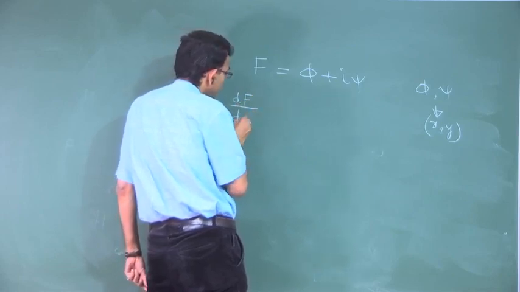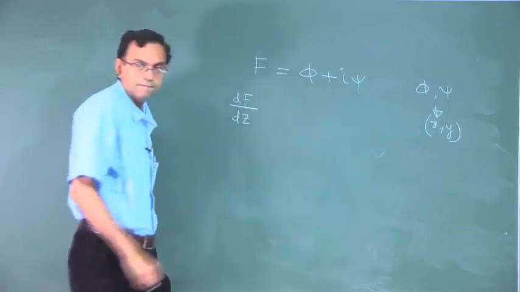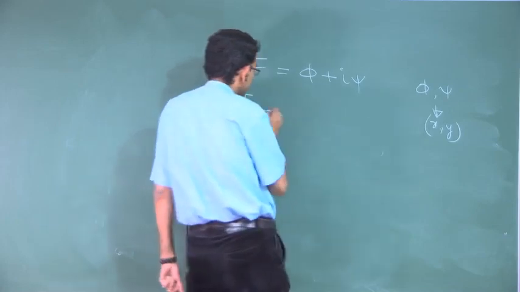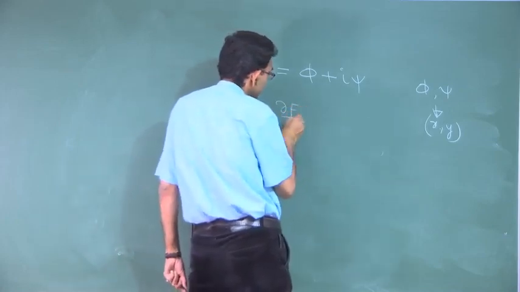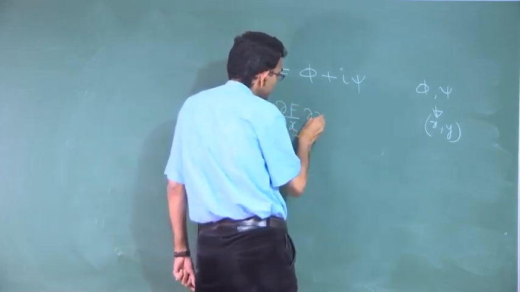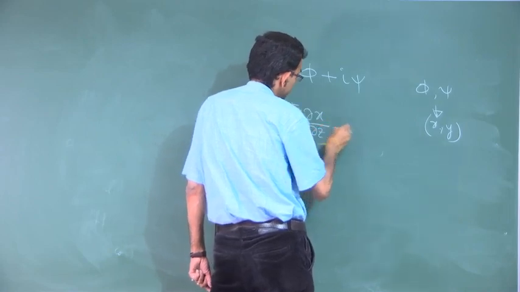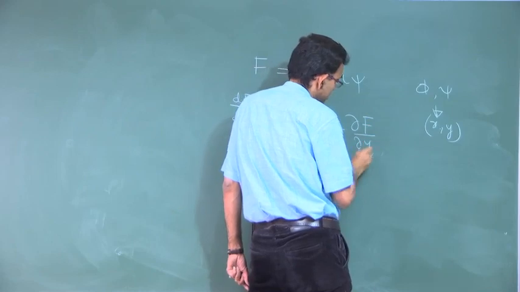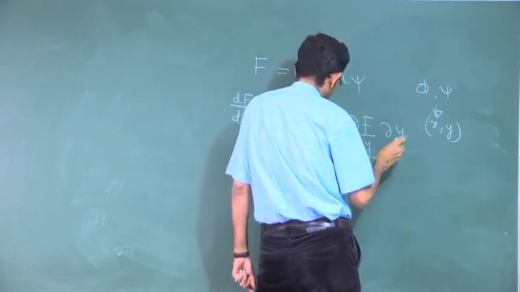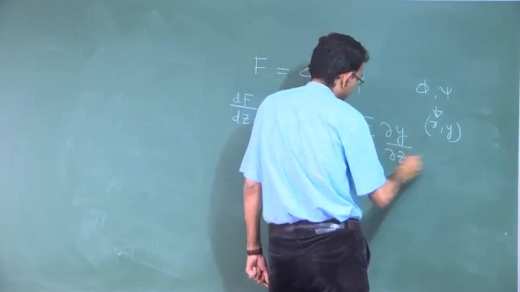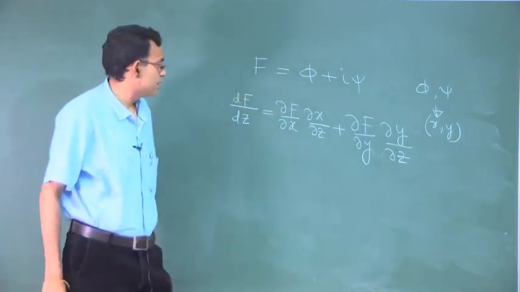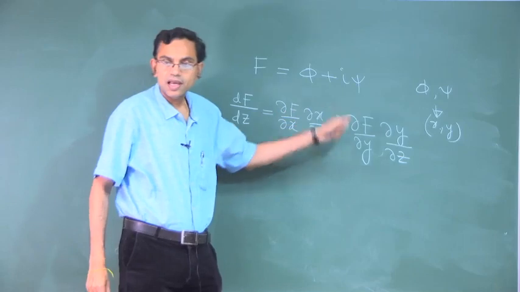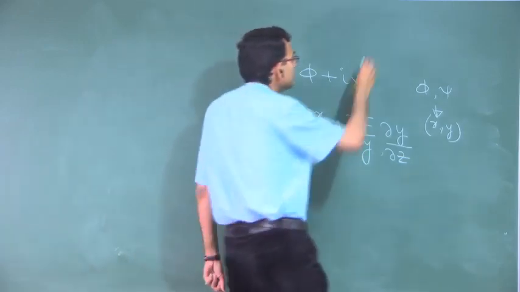So, now we can write df dz. So, what is df dz? This is clear because it is a function of two variables x and y. So, how is z defined?